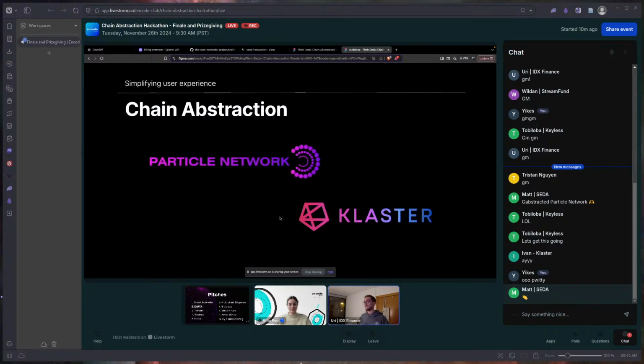When it comes to the tech stack that we used in this hackathon, we use Particle Network to implement the social login, and Cluster to implement the cross-chain functionality. Both of them bring us way closer to this unprecedented user experience, allowing anyone to access any blockchain without the requirement of seed phrases.